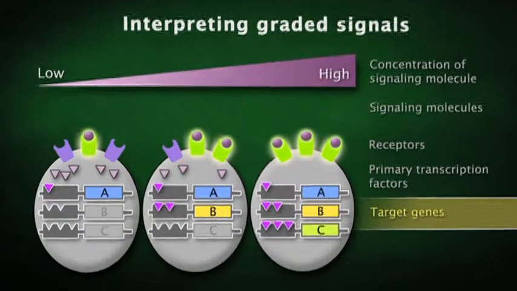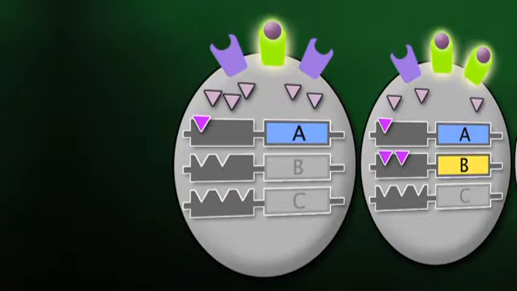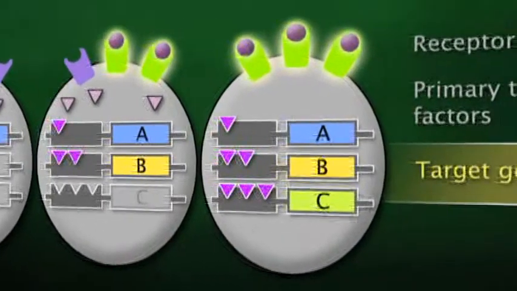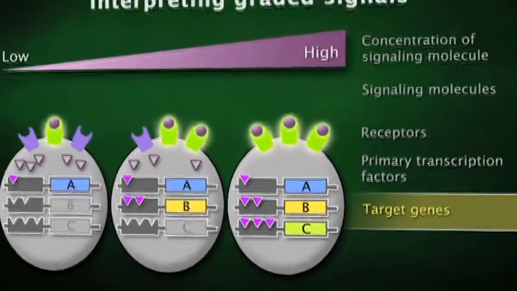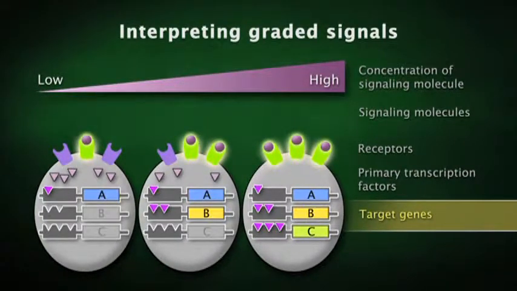So the cell on the left has a low concentration that is sufficient only to bind to gene A, whereas the cell on the right has higher concentration and can activate genes A, B, and C. And as a consequence, these cells begin to acquire different profiles of gene expression in the way that we saw.